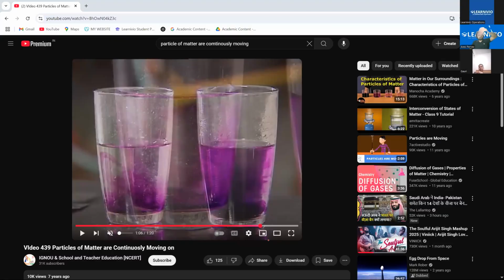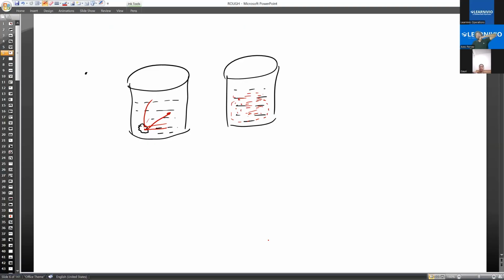They will travel at a faster rate and hit every corner of the house. But the cold food kept in the refrigerator, if you put it on the table, will not travel a larger distance because it has low kinetic energy as it is cold. Are you getting my point?